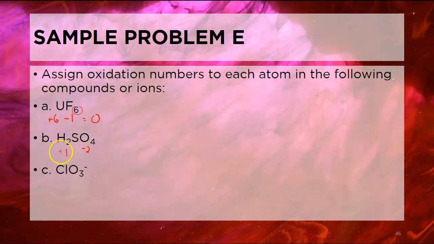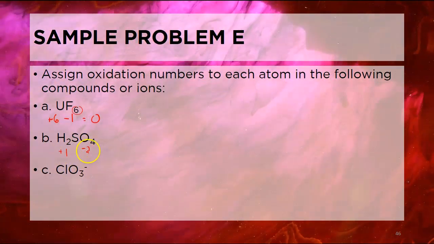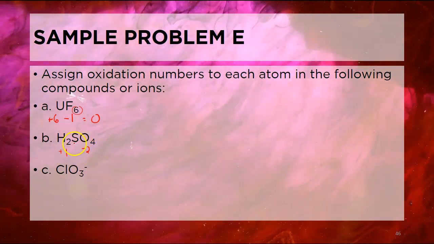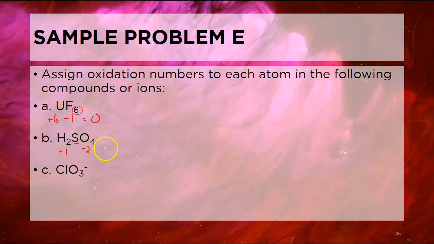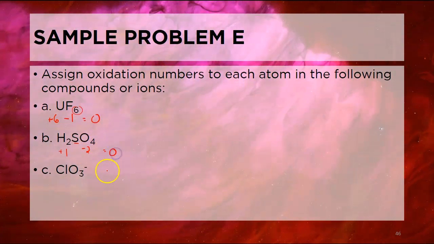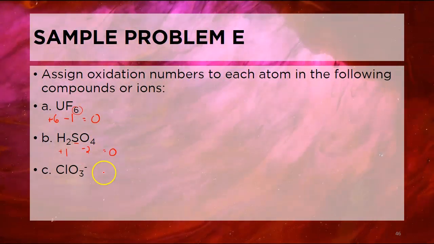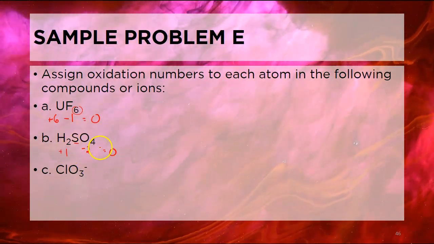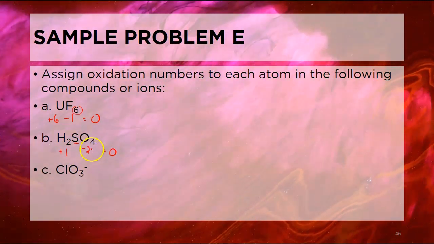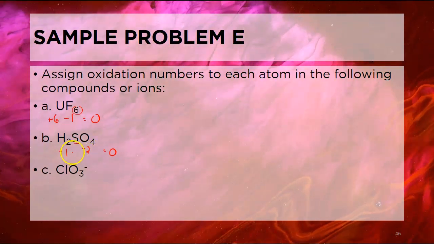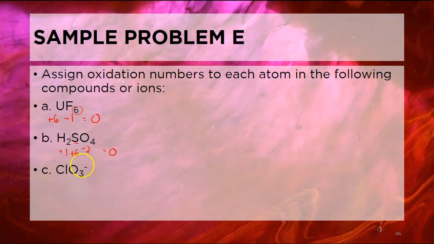And so if I've got 2 +1s and 4 -2s, doing some algebra here, what's that sulfur going to have to be to balance that out to 0? So I got 2 pluses and 8 minuses. Yeah, sulfur is going to have to be a +6. Good.